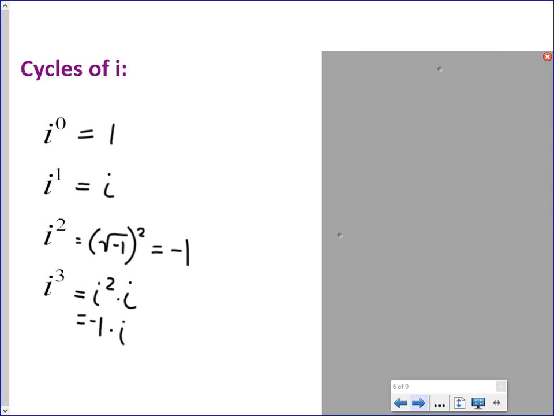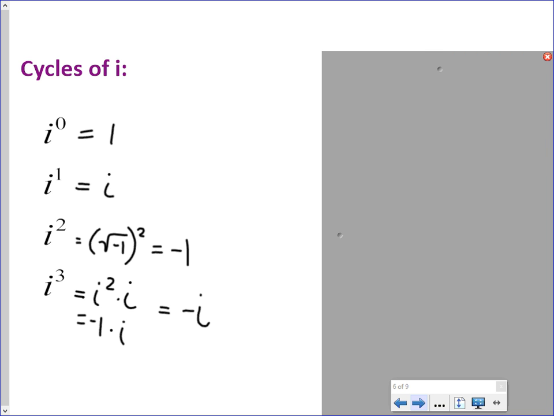And -1 times i would just be -i. Okay. Now, if I multiply by another i, so if I were to do i to the 4th, then -i times i would be -i squared, and -i squared would be -1, which will get me back up to +1.